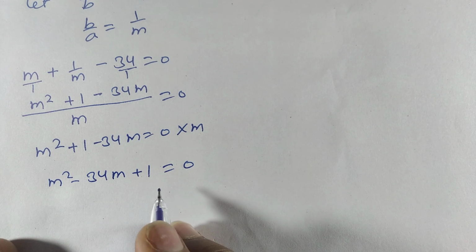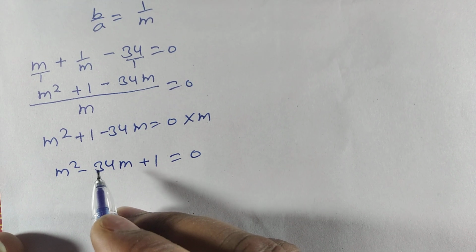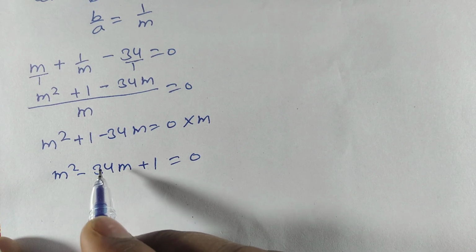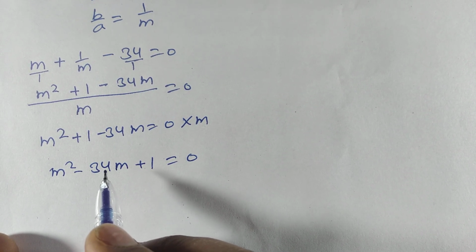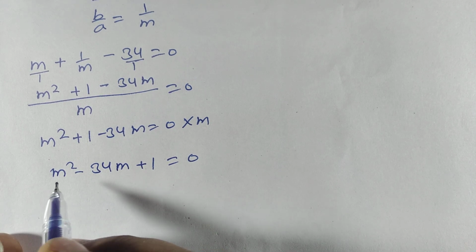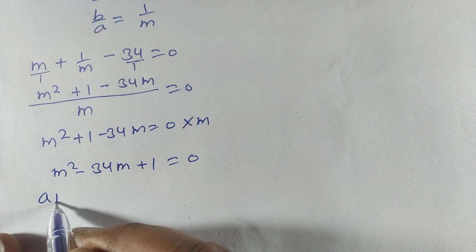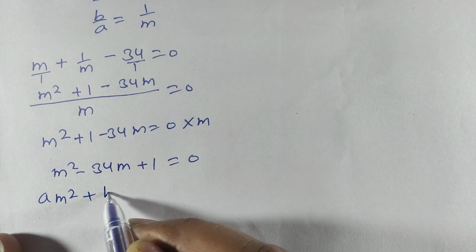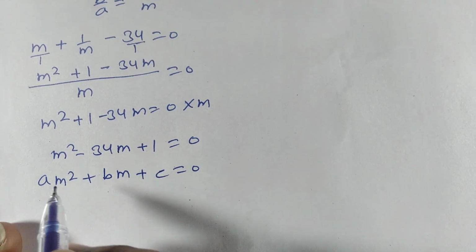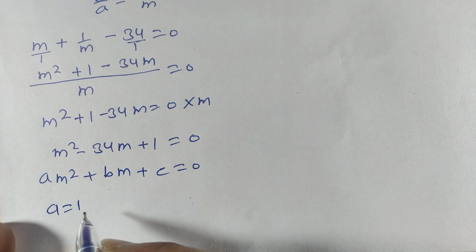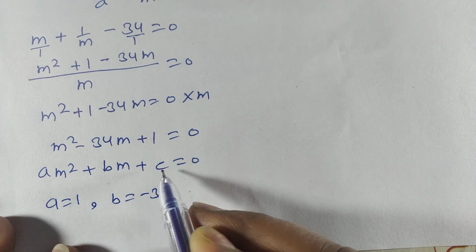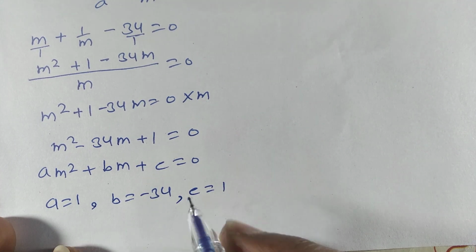This is a quadratic equation. Now this equation cannot be factored by the factorization method, so applying the formula of Shridharacharya. On comparing with the normal form, a m square plus b m plus c is equal to 0, comparing in this equation, a is equal to 1, b is equal to minus 34 and c is equal to 1.